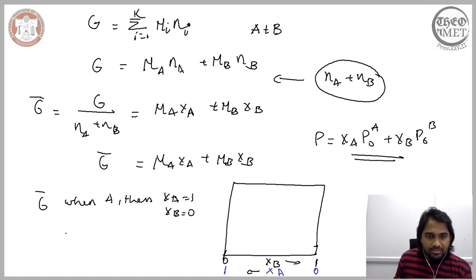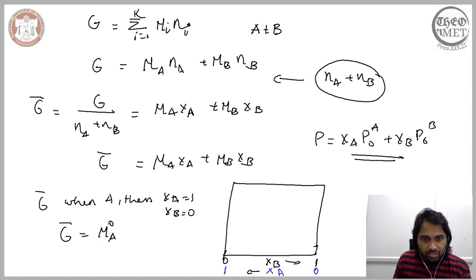In that case the Gibbs free energy per mole of the solution will be equal to mu A naught. We introduce a naught to indicate that this is the Gibbs free energy per mole when the solution comprises exclusively of A. This indicates the left extreme here.